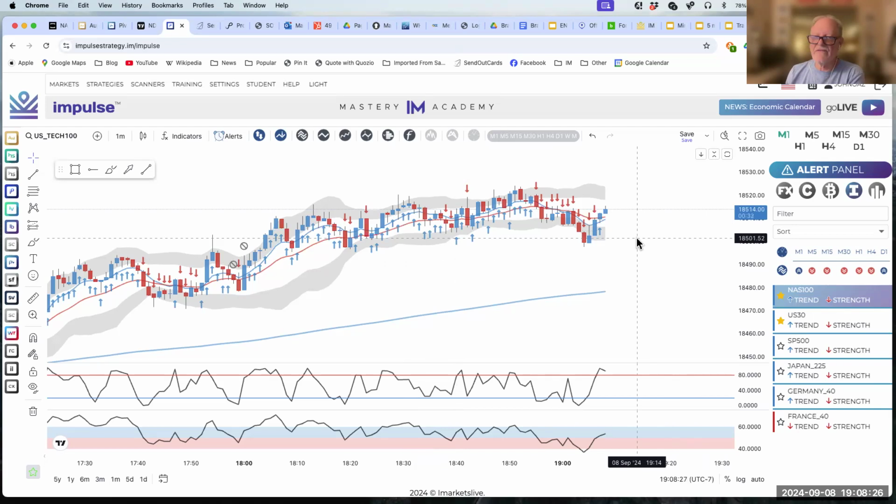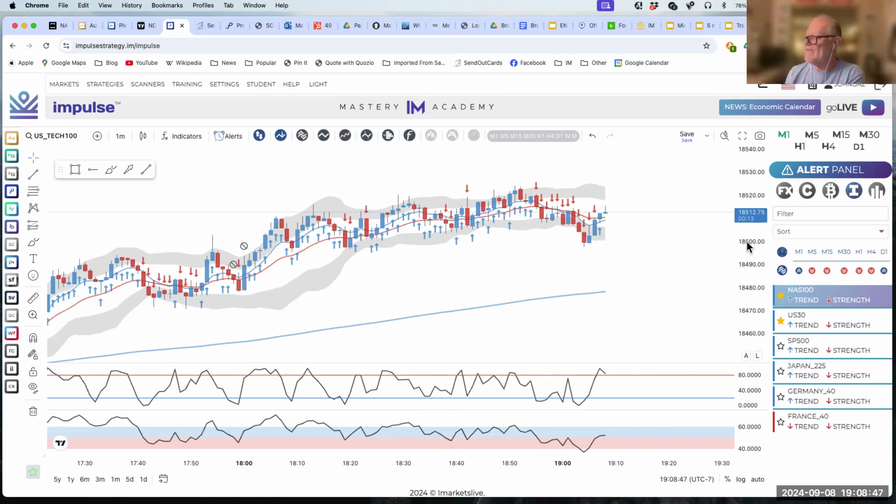So on higher time frames, I'm looking for support and resistance. I'm looking for trend. I'm looking for certain levels that we need to be aware of. And some of these things will be things like big round numbers.